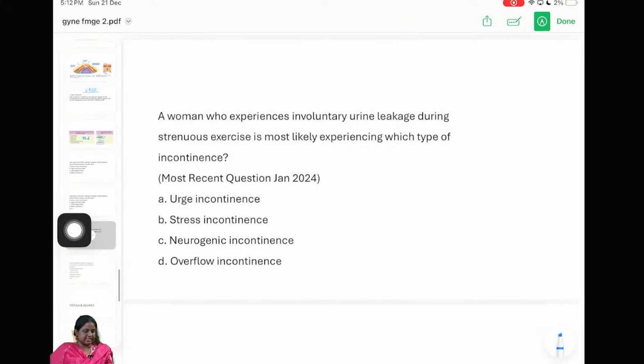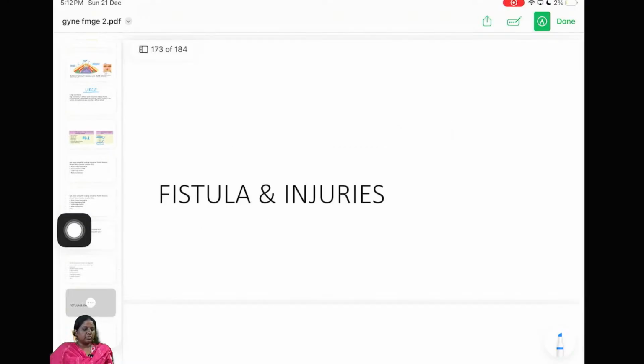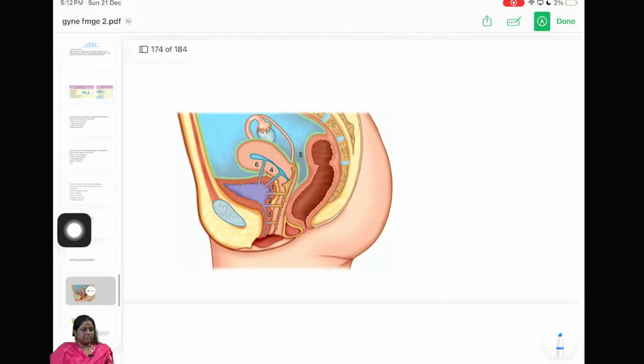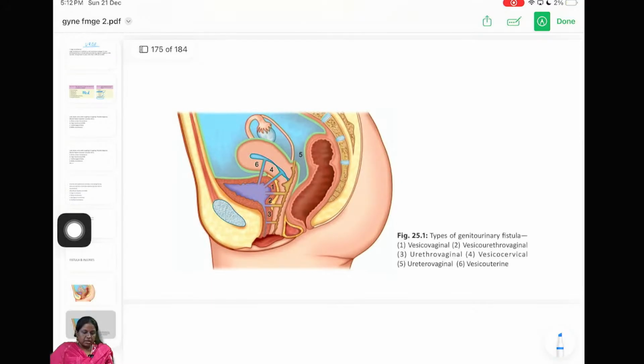Okay. Now coming on to the fistula and injury to the urinary tract. So here, what are the different types of fistulas? You see, vesicovaginal, between the bladder and the vagina. And second is going to be vesico-urethrovaginal, that is in the junction part.